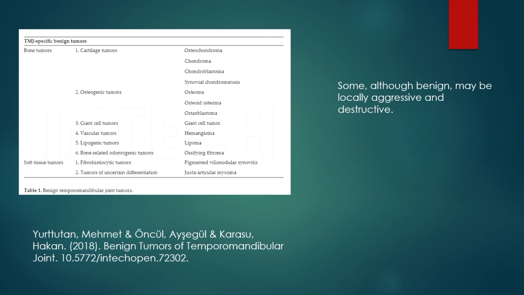This is basically showing that some cases, although benign, can be locally aggressive as well. You can have even a hemangioma within the joint space, or a giant cell tumor, or things like that. Some cartilaginous changes as well.